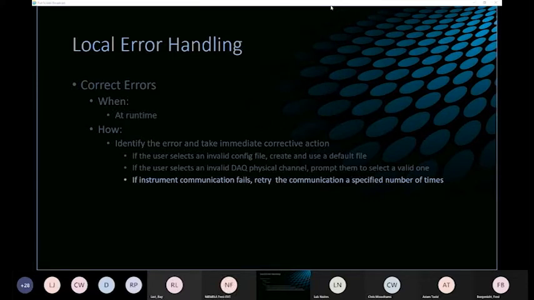Now, you want to be careful anytime you're doing something like retries to make sure that you either implement a maximum number of times you're going to retry before you quit if it doesn't work, or you're going to retry for a certain time period and then exit. This one I see as a consultant all the time. Developers say, okay, I'm communicating with my serial instrument.